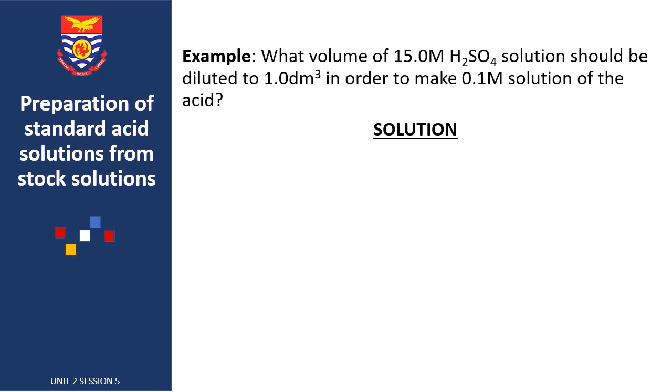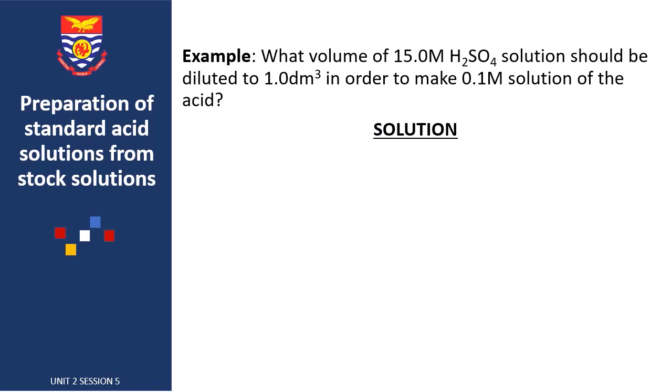The question is, what volume of this concentrated solution should he fetch such that when he or she dilutes or adds water to it to make 1.0 cubic decimeters, its concentration would be 0.1 molar?